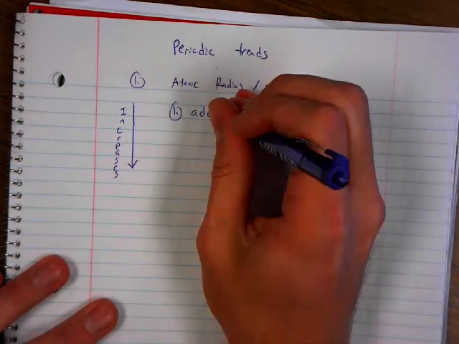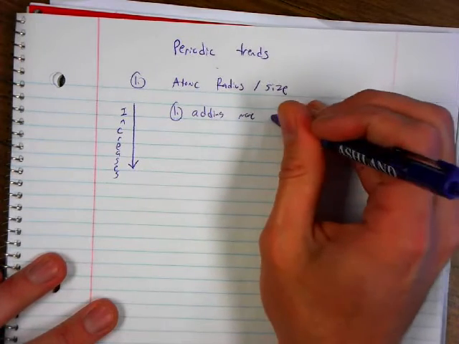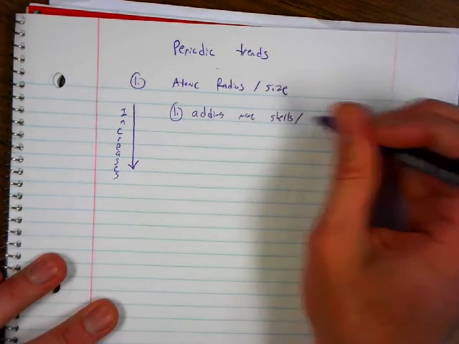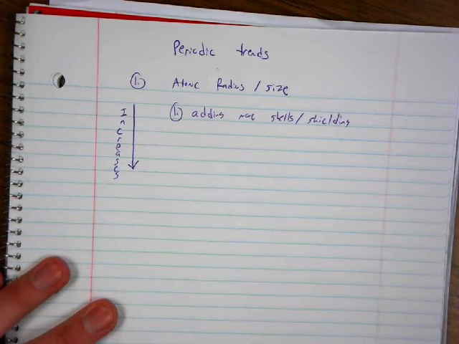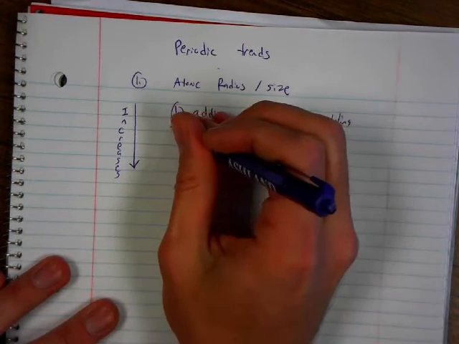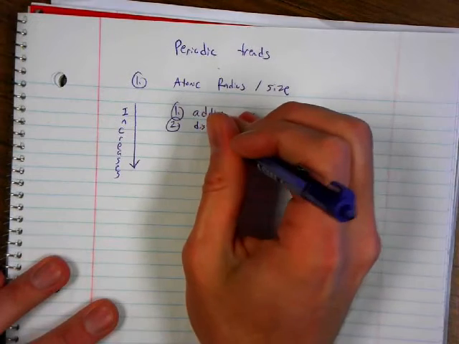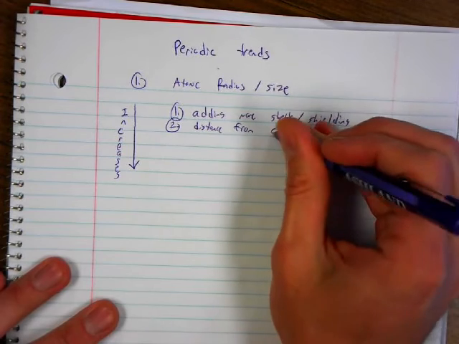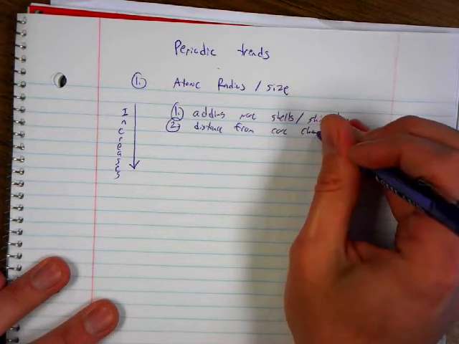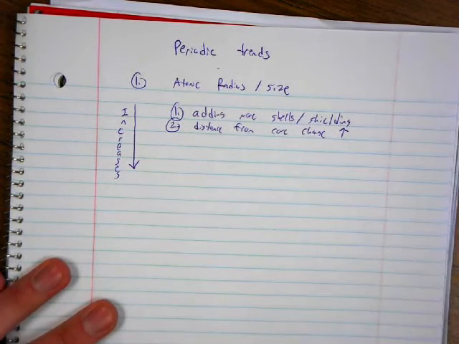I'm adding more shells slash shielding, which means my distance from the core charge is going to increase.